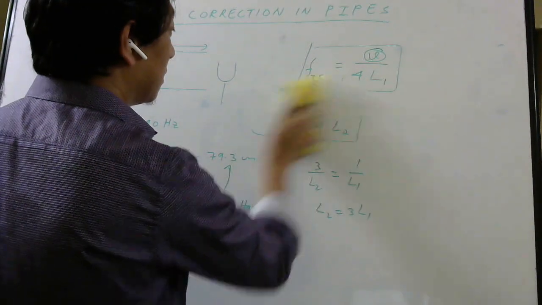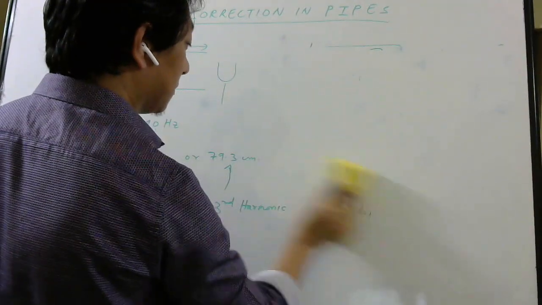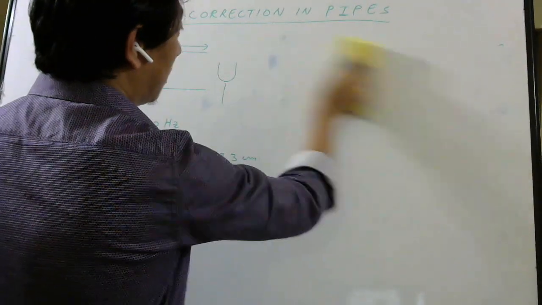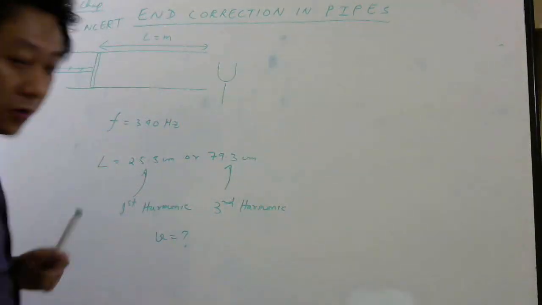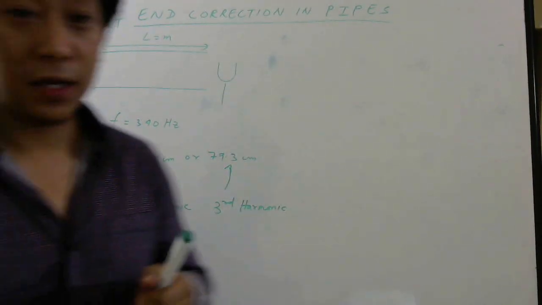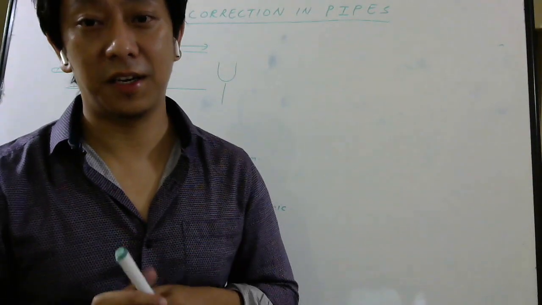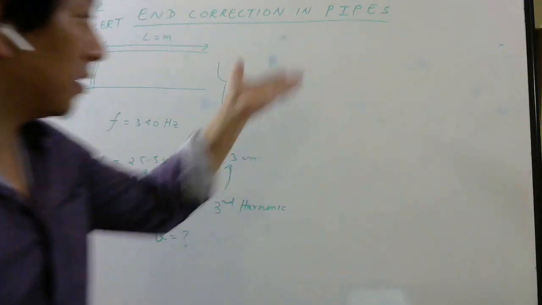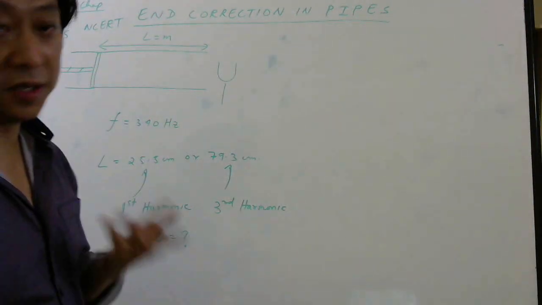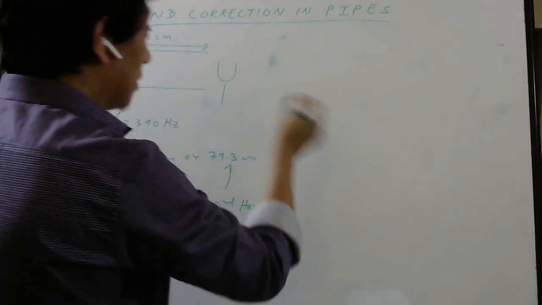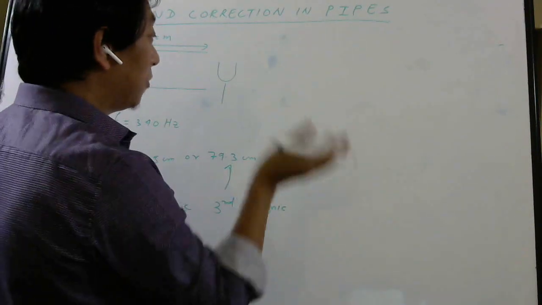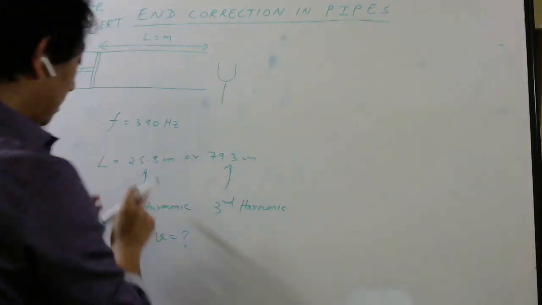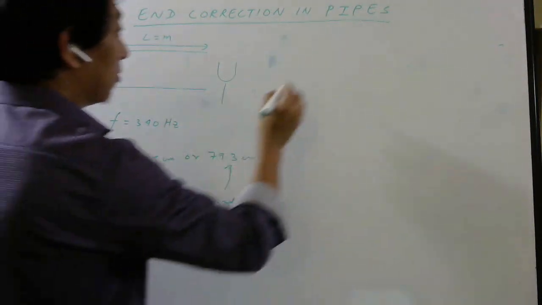So we have to consider the end correction. But when you read the question, you feel like they are saying you can neglect the end correction. If you neglect the end correction, then your result will be absurd. So let us include the end correction. Now, if you include the end correction, in the first harmonic, what was the shape?